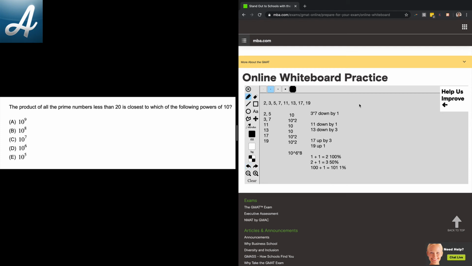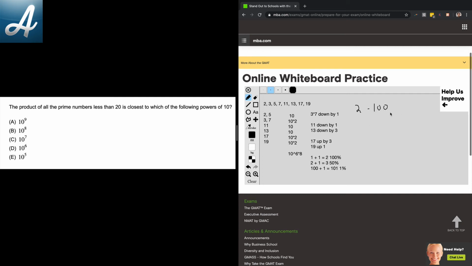So let's look at the difference between 2 times 100 versus 3 times 100, and 2 times 100 versus 2 times 101. So for this one, we increased 2 by 1. This one, we increased 100 by 1.